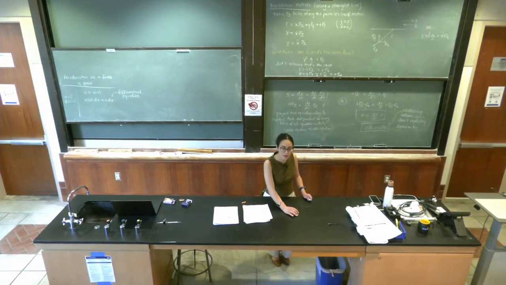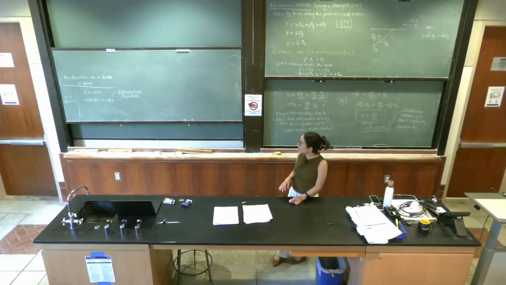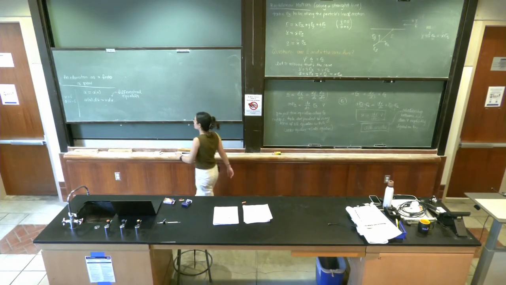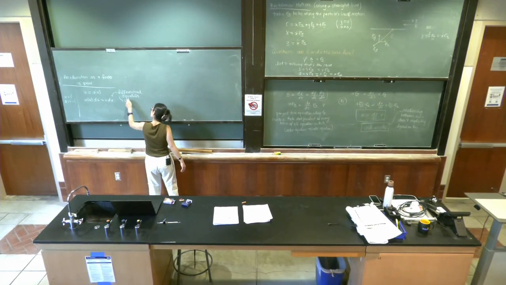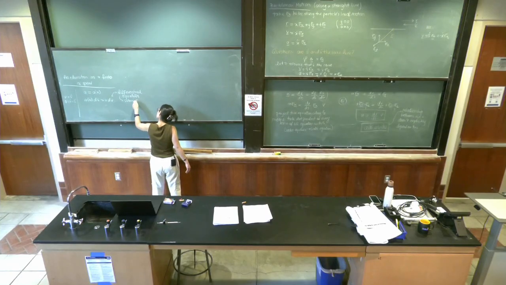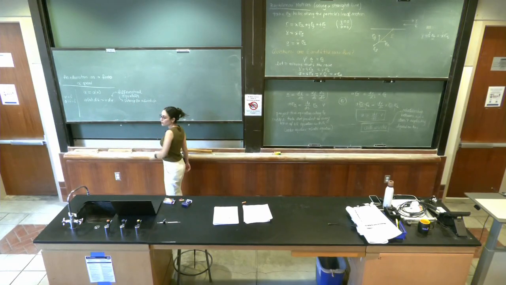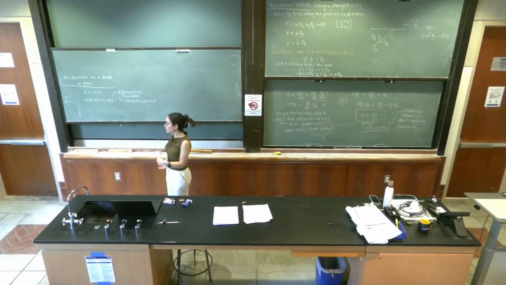No, it's going to be what? A function, right? I'm going to get a function. So here I'll get S as a function, or for example, V as a function of S as a function of T. So I'm solving for a function. So here I'm solving for the motion of the particle, right?